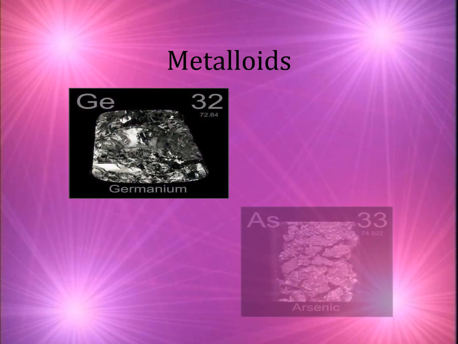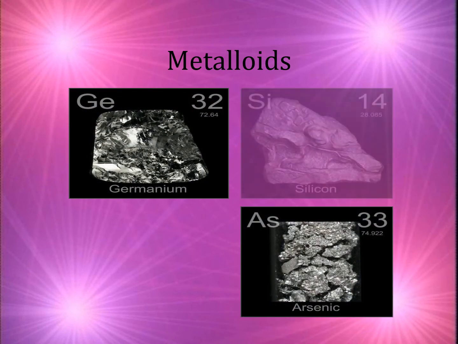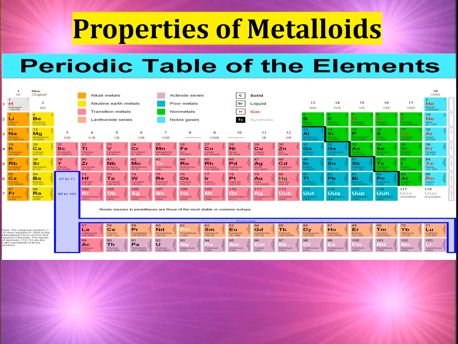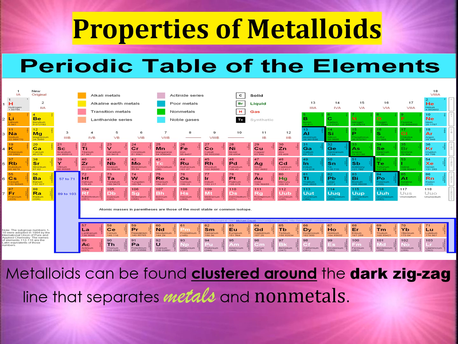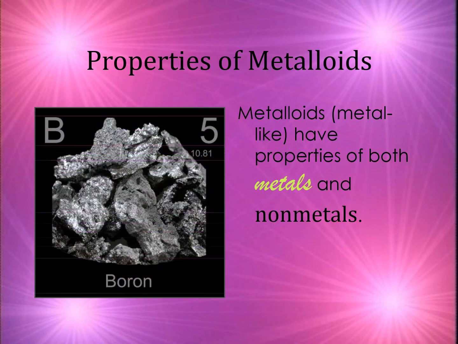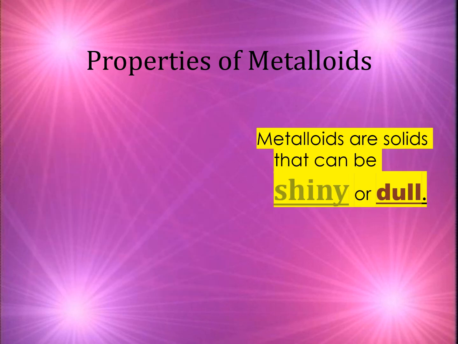Metalloids. Examples of metalloids are germanium, silicon, polonium, and arsenic. Properties of metalloids. Metalloids can be found clustered around a dark zigzag line that separates metals and nonmetals. Metalloids, metal-like, have properties of both metals and nonmetals.